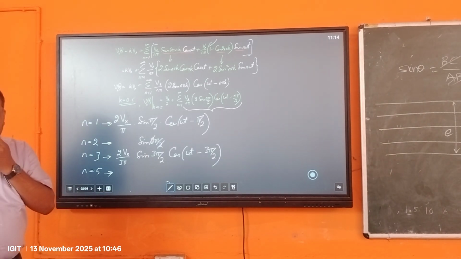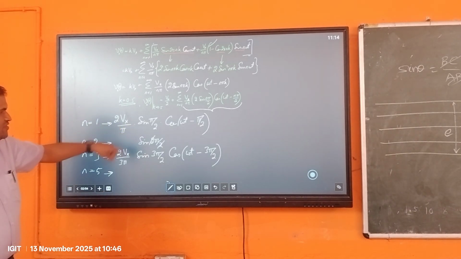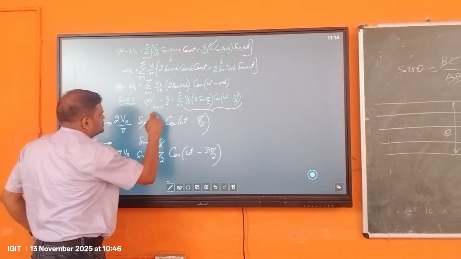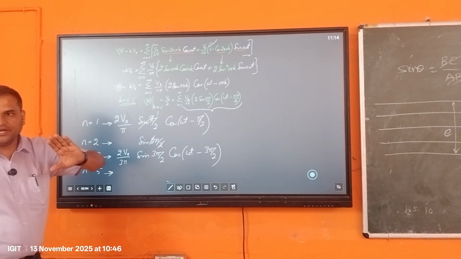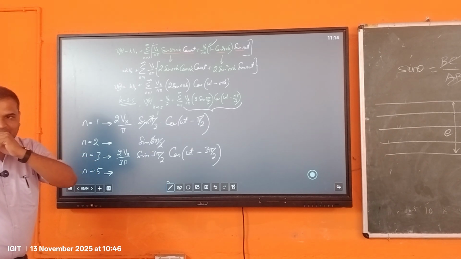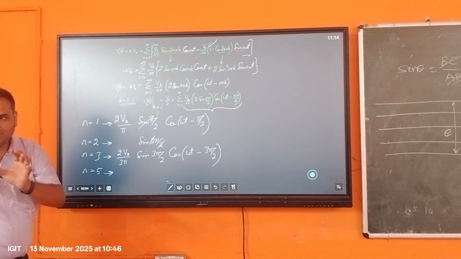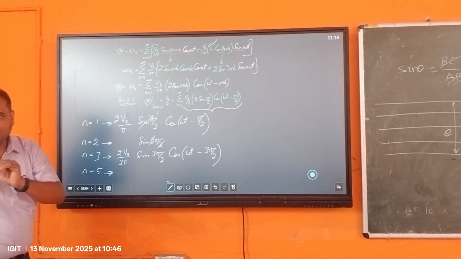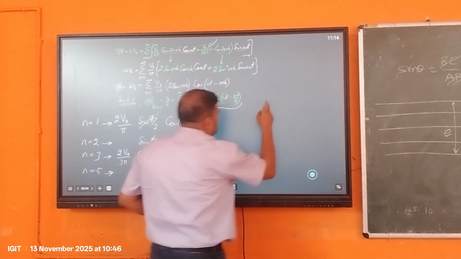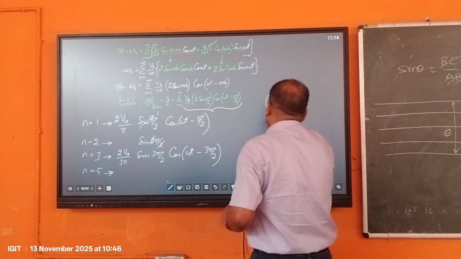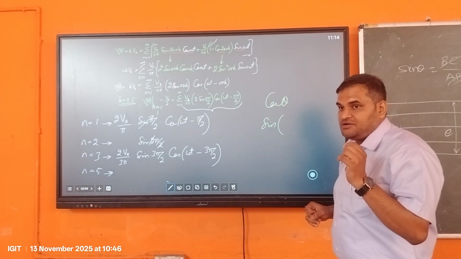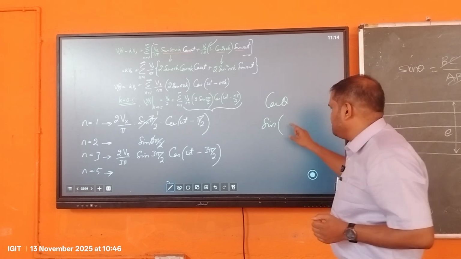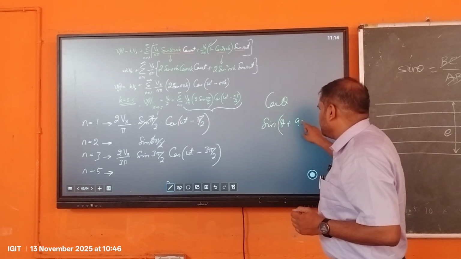This is okay. What is the value of sine pi by 2? This is 1, so neglected. What is the value of cos of omega t minus pi by 2 in terms of sine? Cos theta in terms of sine is nothing but sine of theta plus 90 degree.